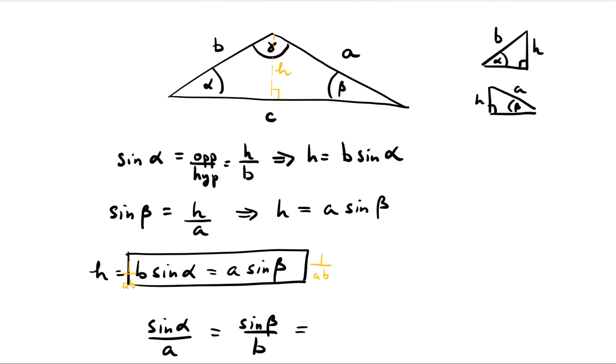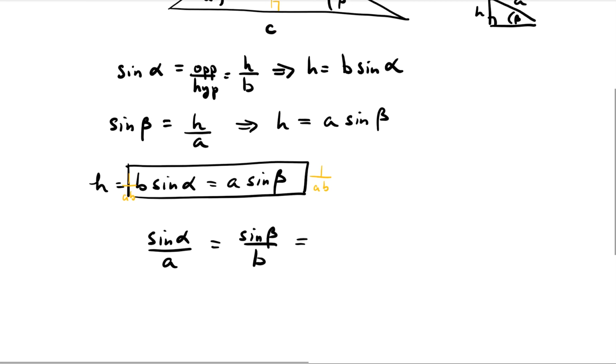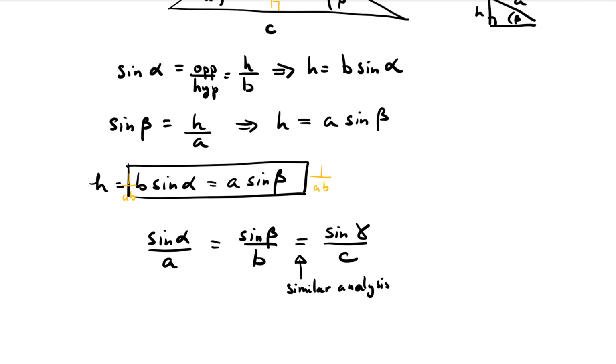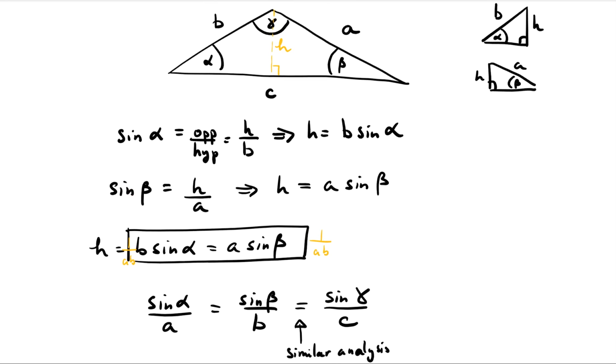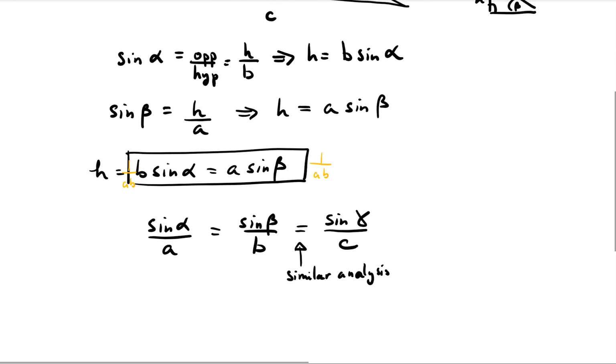Since it's an oblique triangle, none of the angles or the sides are anything special. So similarly, we could derive an identical expression to the previous two, which would be sine of gamma over its opposite side. To get that one, I would probably have to draw a different height for the triangle, but anyway, I would be able to derive this.